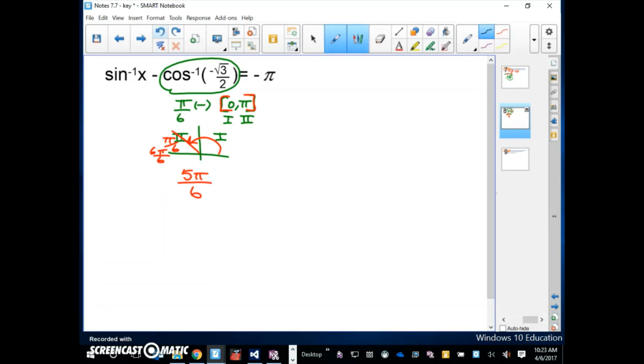So let's just bring down the rest of the equation. Inverse sine of x minus that 5 pi over 6 that we just found equals negative pi. I'm going to have to take the sine of both sides, but we better add that 5 pi over 6 over first. Let's add 5 pi over 6 to both sides.